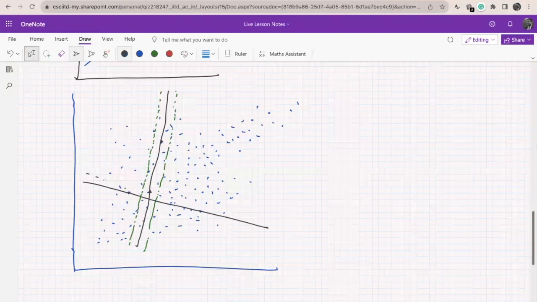You draw another neighborhood as well. This is your neighborhood, and you again count them. So this is, let's say, score 1, and the parameter theta 1.